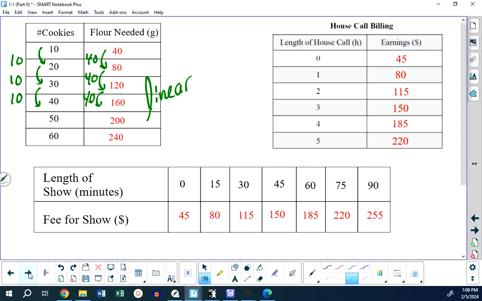So now I have a question for you. If you know a graph is linear, then how many points do you really need to plot to draw the graph? If I know they're going to fall in a straight line, do I need to plot every point? How many can I get away with plotting?